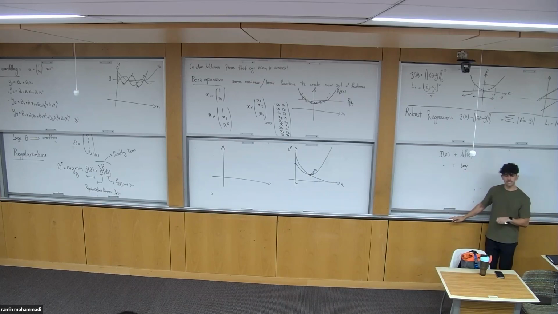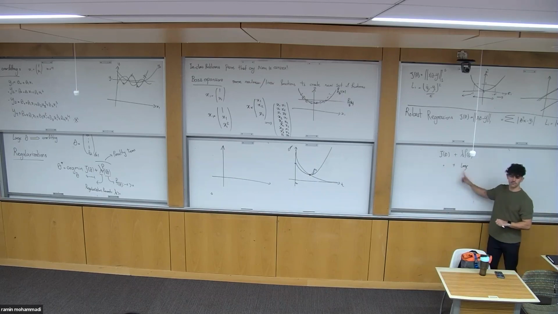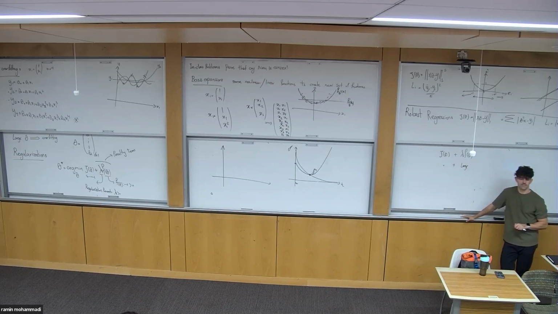What do you think in the next iteration your model will try to do? It's just conceptual. If this iteration is 0 plus large, what do you think next time your model will try to do? Try to increase the J theta. Increase the J theta to reduce the penalty.